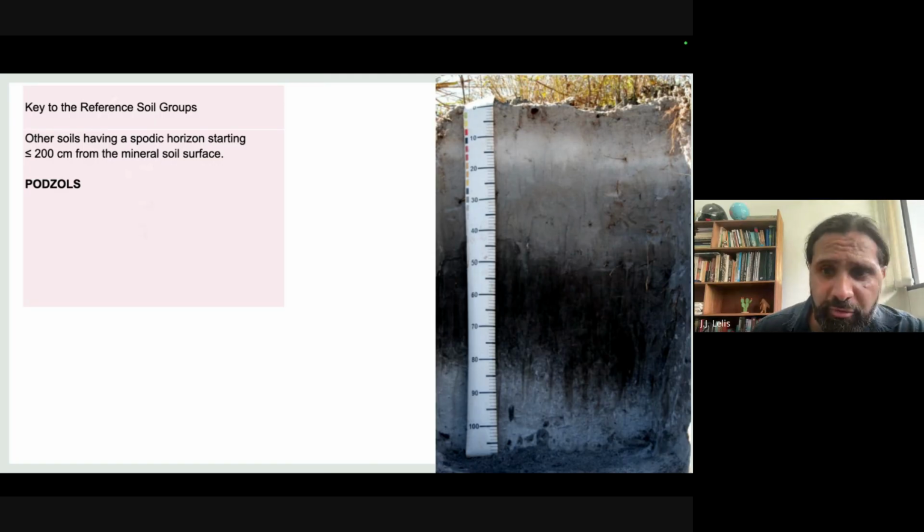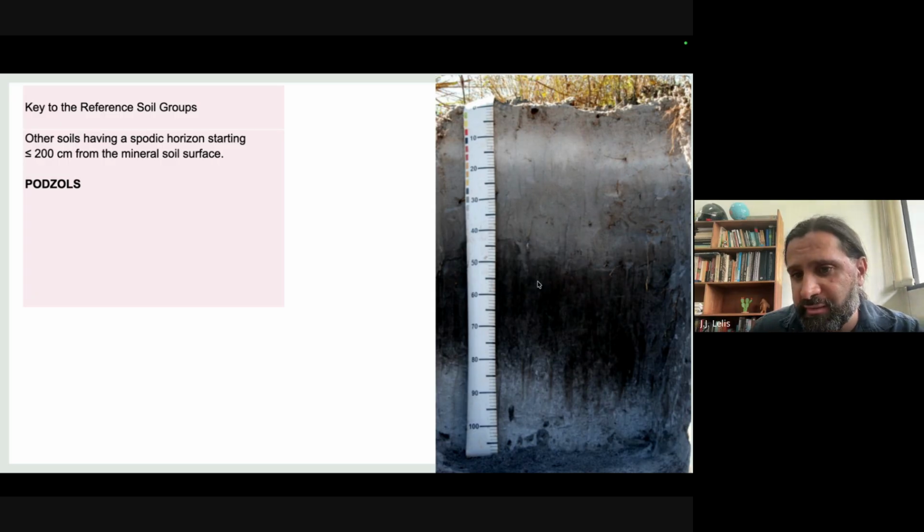We also have podzols that also have a specific chemical dynamic of iron and aluminum. These podzols are soils that do not fit the previous RSG, and they have a spodic horizon in the first 2 meters below the soil surface. Okay, the spodic horizon is that horizon that expresses podzolization, concentration of organic matter, and/or iron and aluminum oxides.